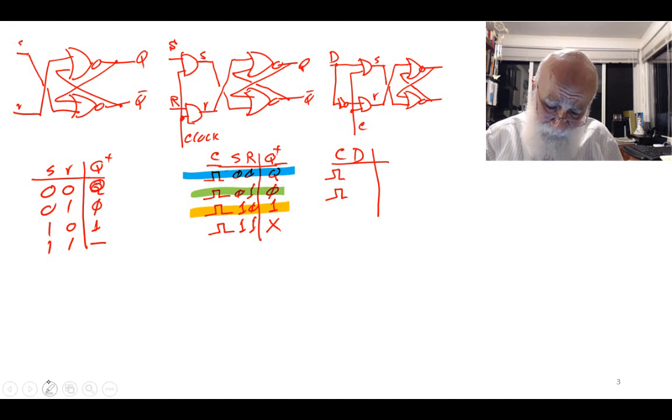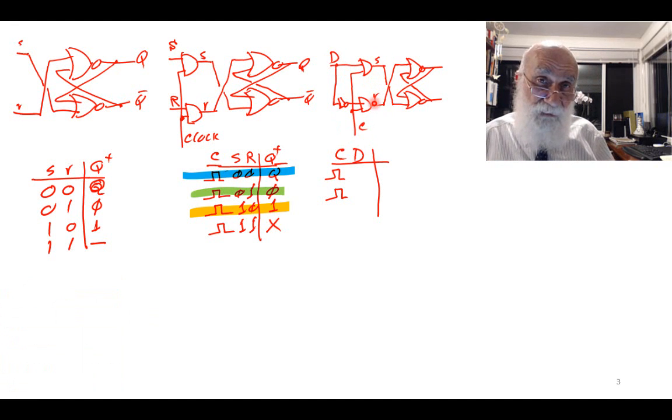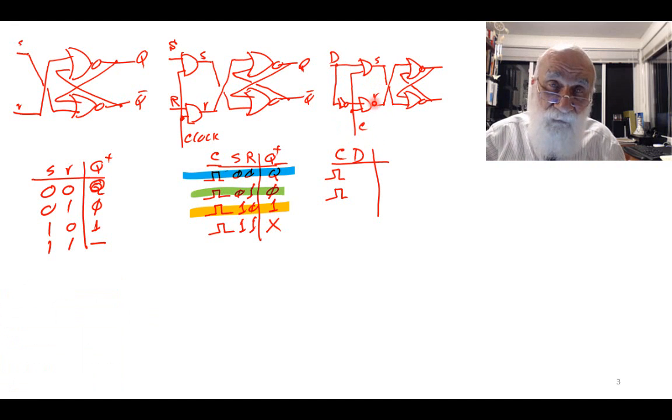Look at the circuit on the upper right now. See, if D is 0, clock is 0, well, the internal S is going to be 0, the internal R is going to be 0. If D is 1, clock is 0, same thing. If D is 0, clock is 1, S becomes a 0, R becomes a 1.